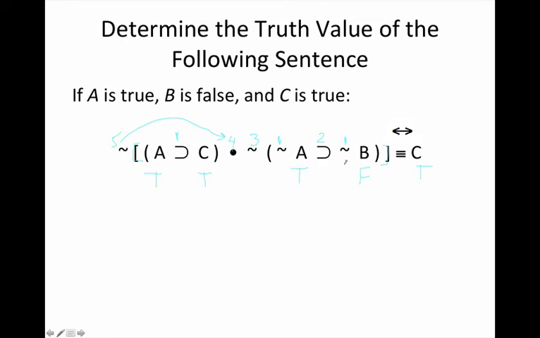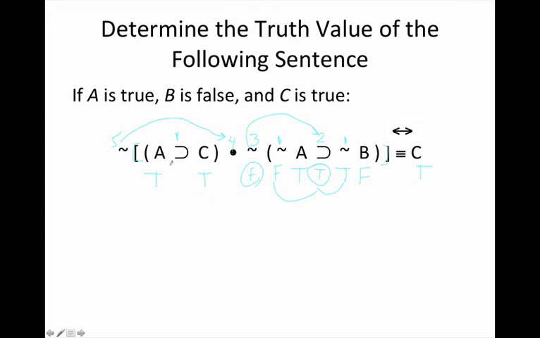Okay, so tilde B is true. Whatever A is, the horseshoe comes out true because the consequent is true. But let's go ahead and complete this. So then we get false horseshoe true is true. Then tilde false is false, which is going to force dot to be false, right?